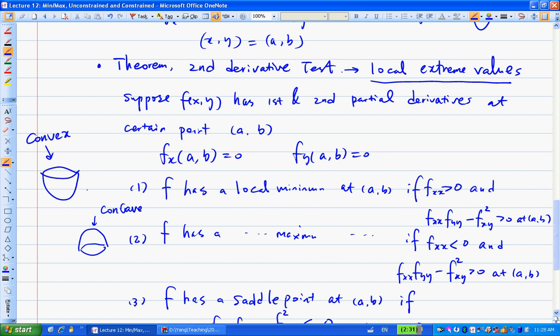Hang on a second here. No, this is a min, right? Min is convex. Well, see, you have a bar. When you bend the bar like this, it's called what? Concaving.